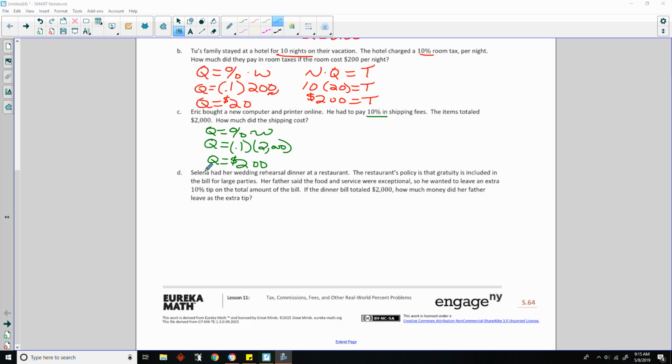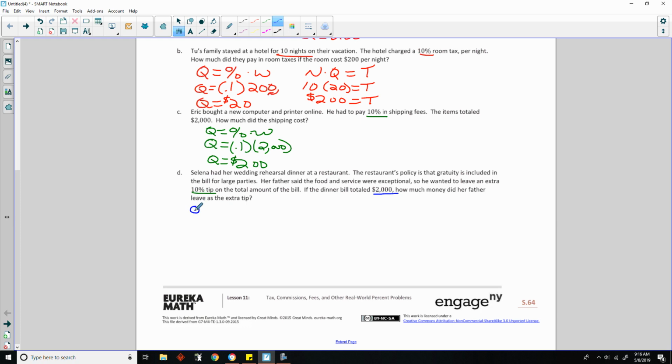Part D, Selena had her wedding rehearsal dinner at a restaurant. The restaurant's policy is that gratuity is included in the bill for large parties. Her father said the food and service were exceptional, so he wanted to leave an extra 10% tip on top of the total amount of the bill. If the dinner bill totaled $2,000, how much money did her father leave as the extra tip?